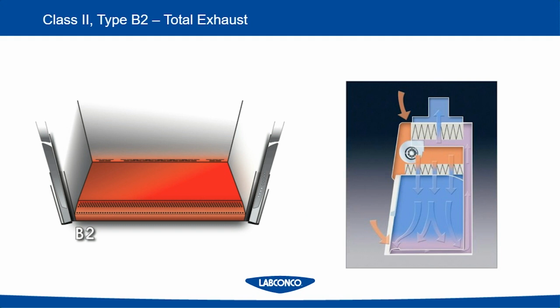All that air is directly passed up to a separate exhaust plenum and then is pushed outside the building. The inflow air that's supplying the product protection comes in from the room. Air is drawn in through the top of the cabinet, is pushed through a HEPA filter down over the work surface, and then all of that air is also exhausted directly out of the room.